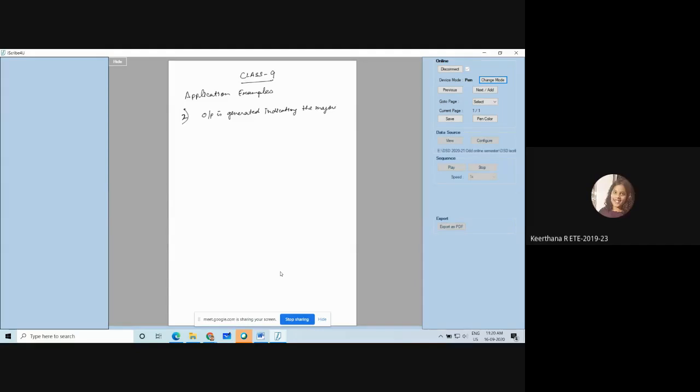So it is indicating the majority of 4 inputs. If I make this block diagram now, how many inputs will be there? 4 inputs will be there.